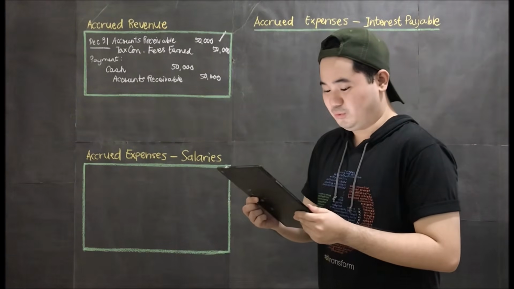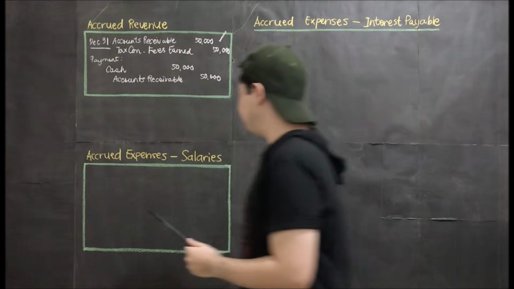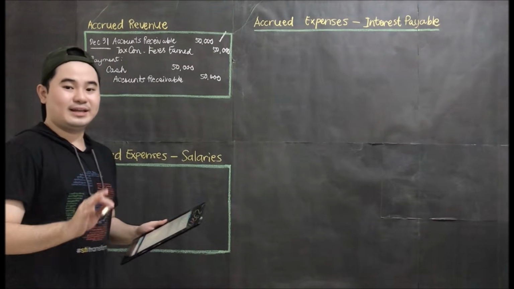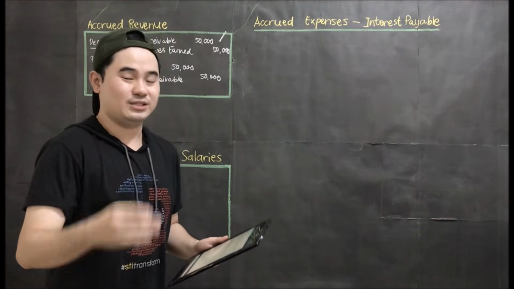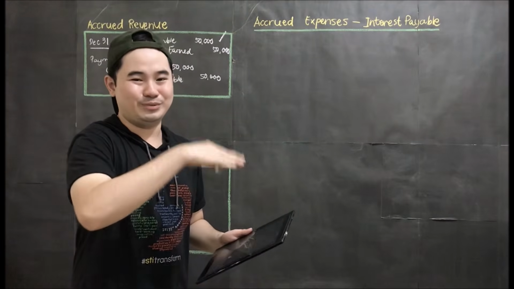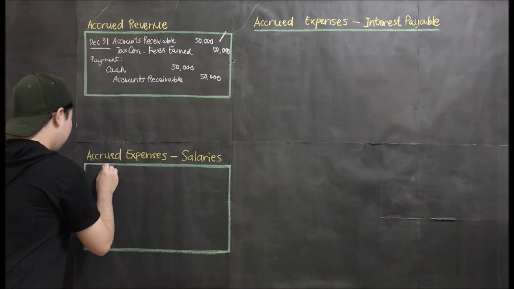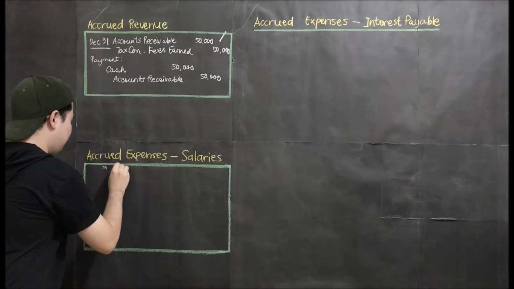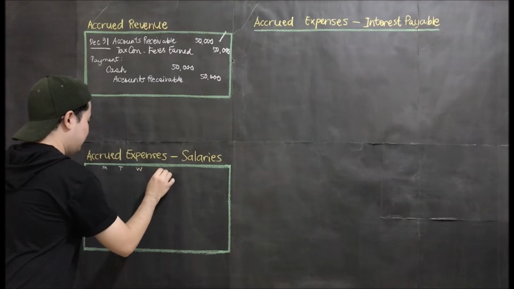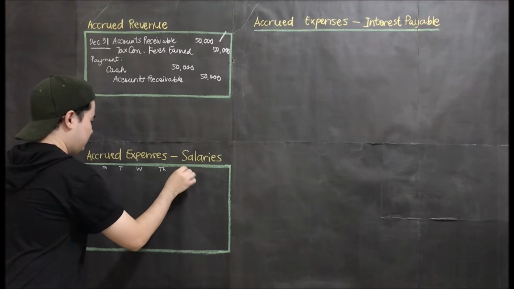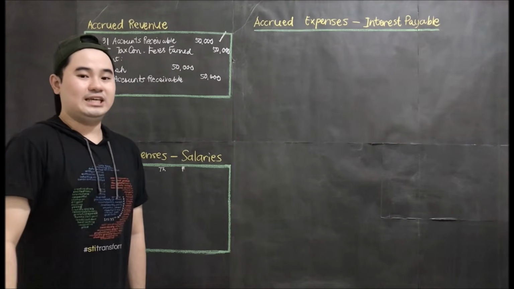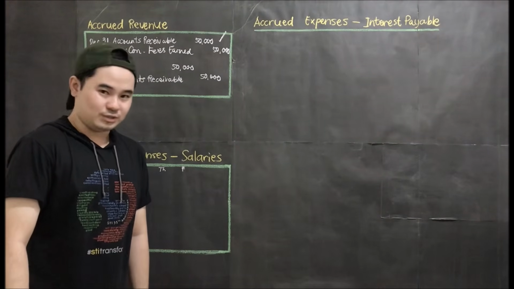Okay, so let's do it like this. Bale, ang nangyari, linggo ka ng sahod every Friday. So, drawing natin yung, lagay natin yung Monday to Friday. Okay? So, every Friday, nagpapasahod sila ng 30,000.